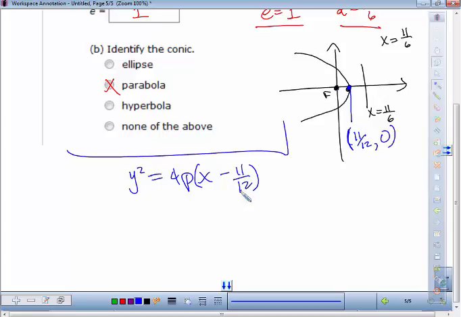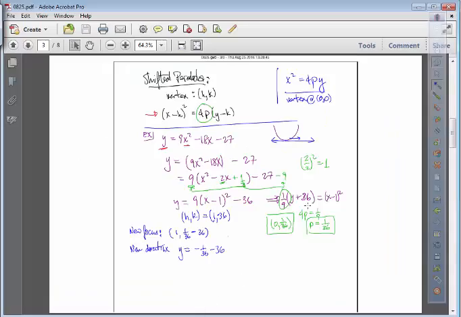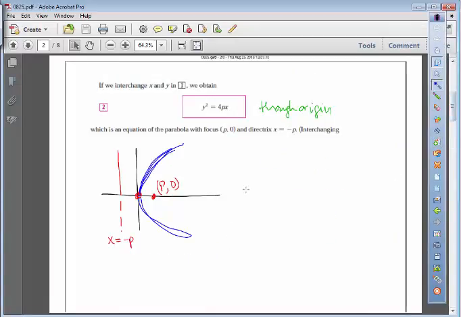Focus is still... what's the P? It would have been... Oh, the directrix, so P, negative P. Well, let's imagine that shift happening.